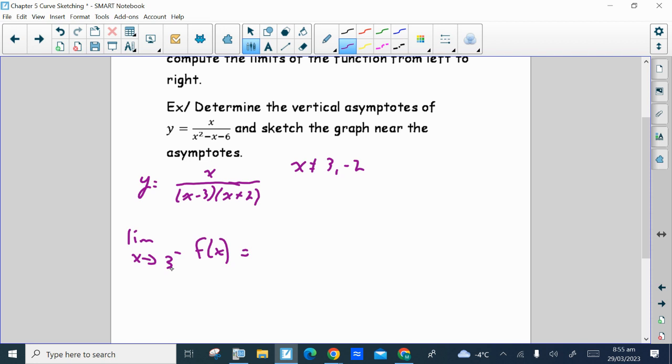All right. So as x approaches positive 3 from the left, that would be like 2.5, 2.6, 2.9, 2.99, and so on. The top number is going to approach positive 3 because that's what you're approaching. The bottom number, as you're approaching 3 from the left, might be 2, it might be 2.5, it might be 2.8, 2.9.